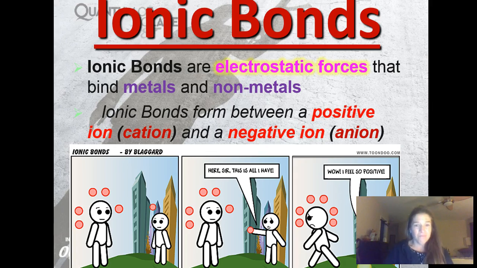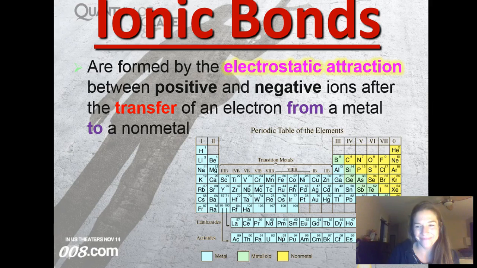Here's a nice little cartoon that relates to ionic bonding. So, again, ionic bonds are formed by these electrostatic attractions between positive and negative ions after the transfer of an electron from a metal to a nonmetal. Because remember, who's giving up their electrons?